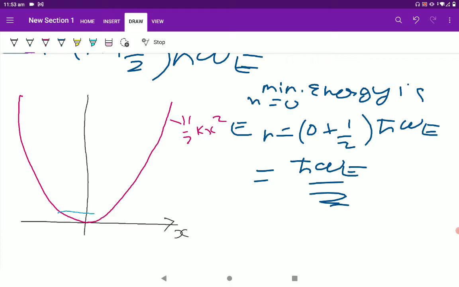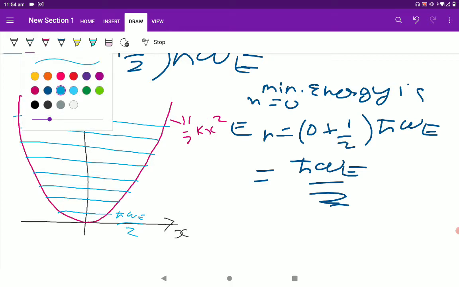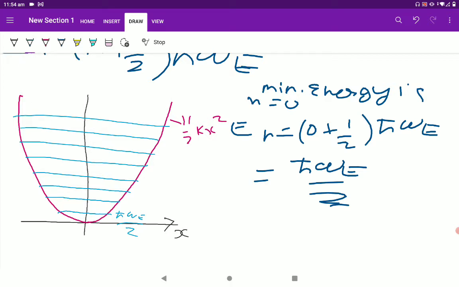This is the minimum energy level, that is h cross omega E by 2, and these are the other energy levels. The spacing between the energy levels is h cross omega E.